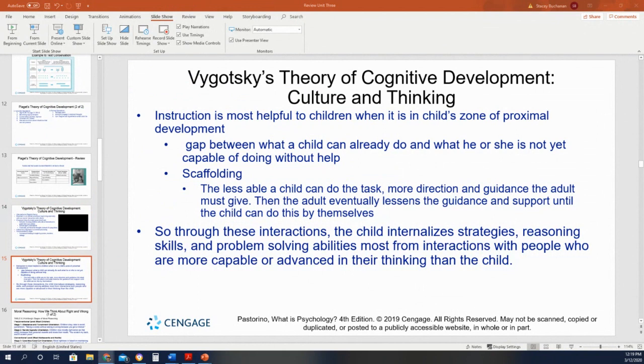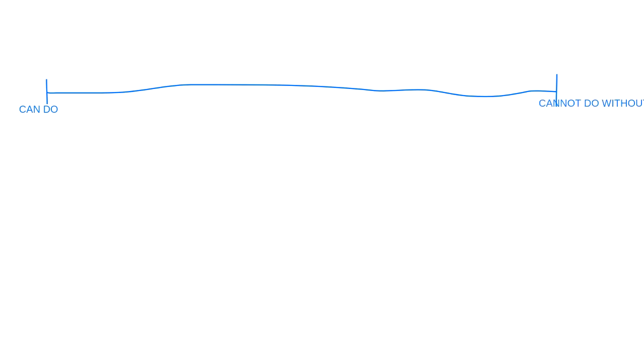I kind of drew and had you imagine the zone of proximal development as a line. It's the gap between what a child can do and what a child cannot do without help. And then we talked about tying shoes.